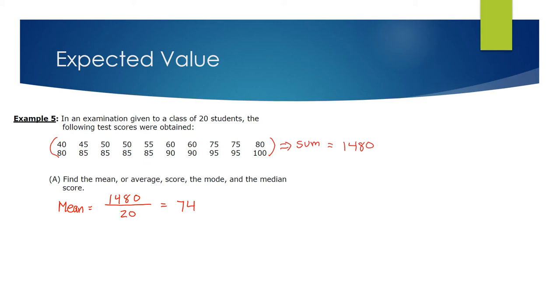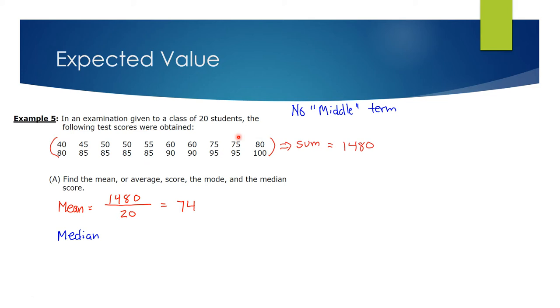Now, the median, since it's in order, I want to find the middle value. But I have 20 things here. If I have an odd number, I look for the one that's in the middle. I really don't have a quote-unquote middle term in this sequence because there's an even number here. So what do I usually do to find the middle if it's in order?